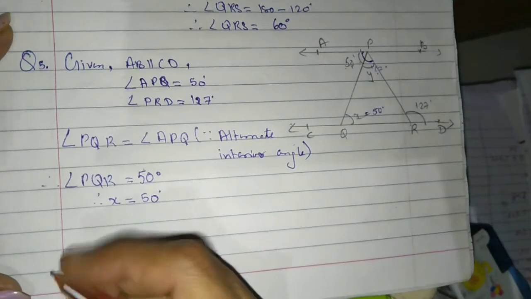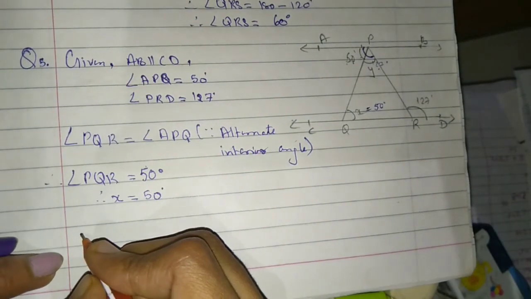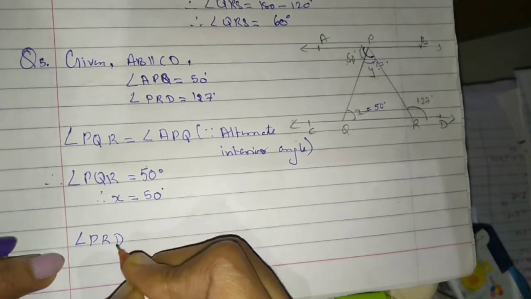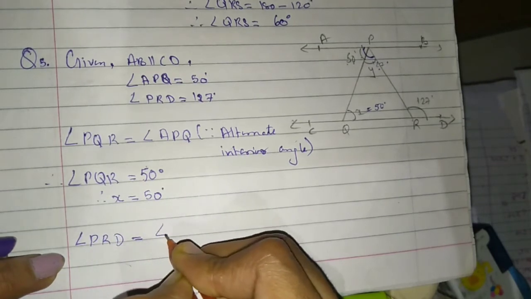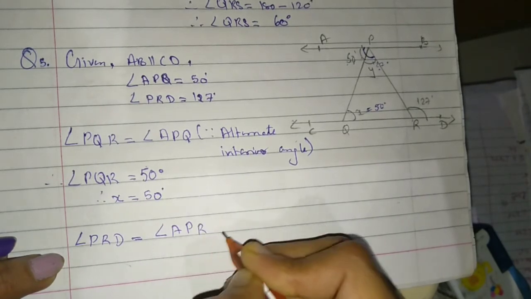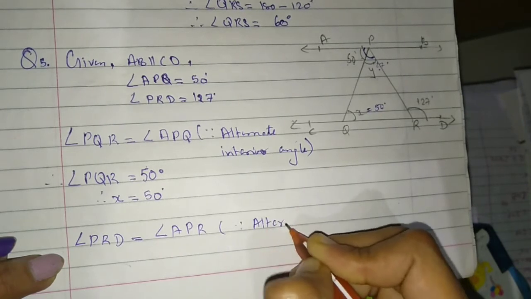So let us write it down. First of all, we will write that angle PRD is equal to angle APR, y, alternate interior angle.